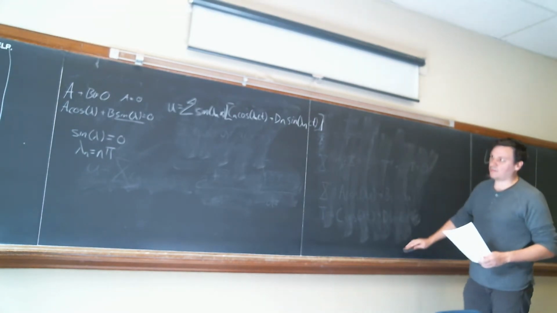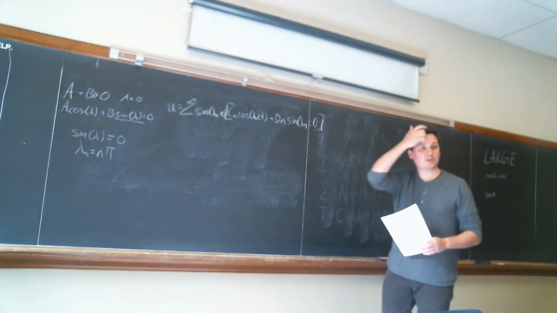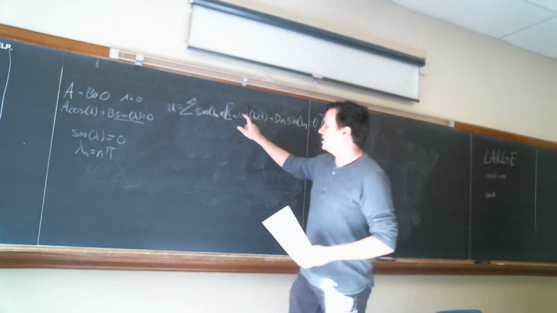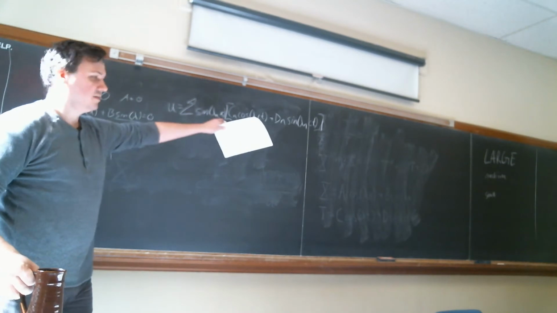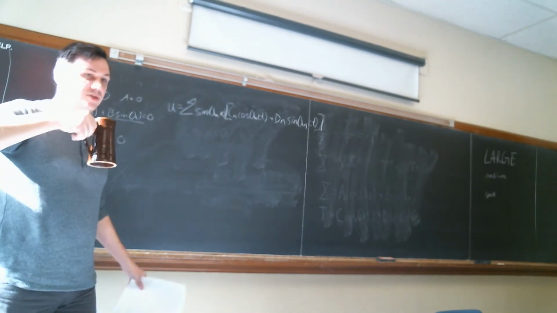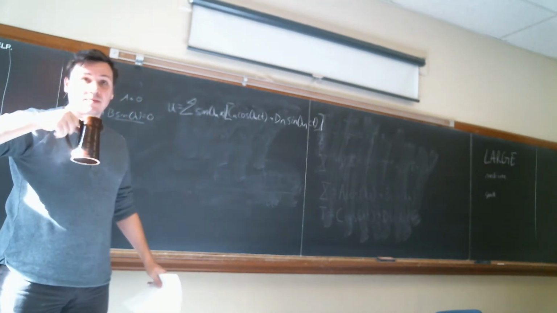So unlike the other problems when you're doing the Laplace separation of variables, now we're going to have these two different coefficients, and I already put the subscripts n on them because we know that there's going to be many of these coefficients due to these many eigenvalues.